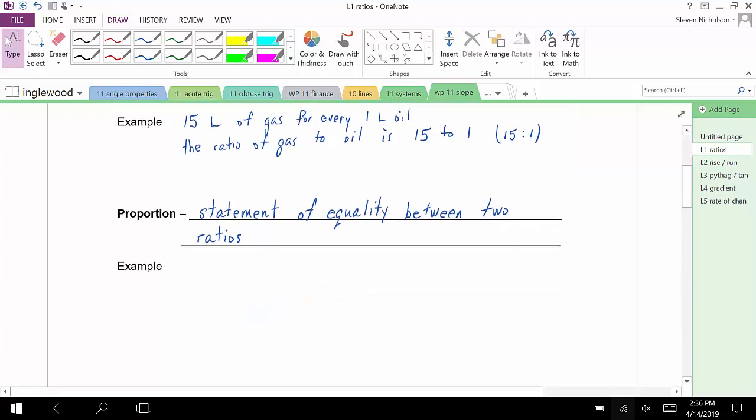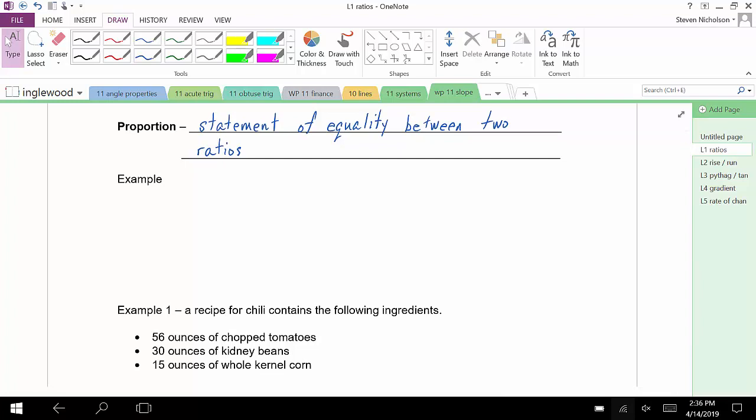A proportion is a statement of equality between two ratios.